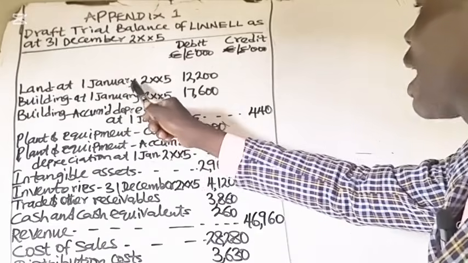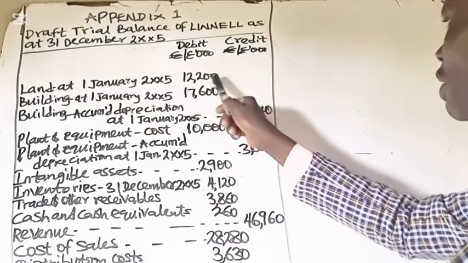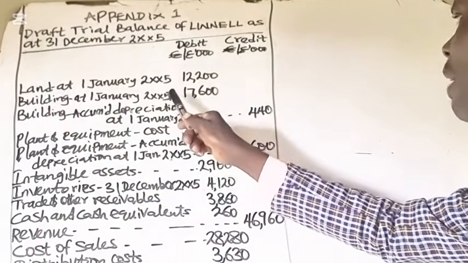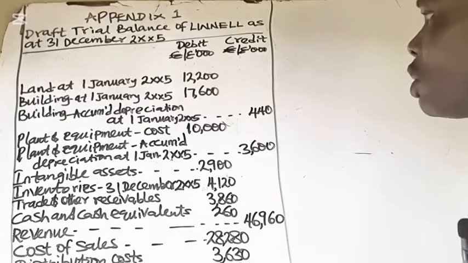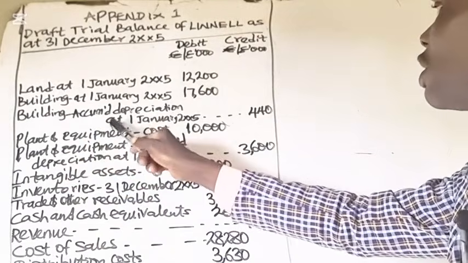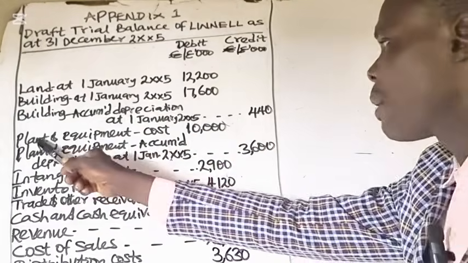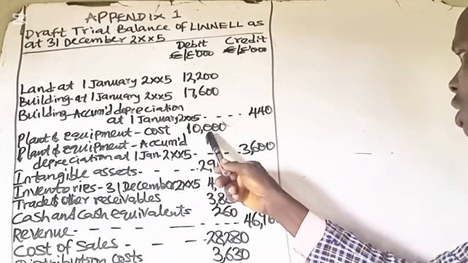Land at 1st of January 2005, 12,500. Building at 1st of January 2005, 17,600. Building accumulated depreciation at 1st of January 2005, 440. Plant and equipment at cost, 10,000.